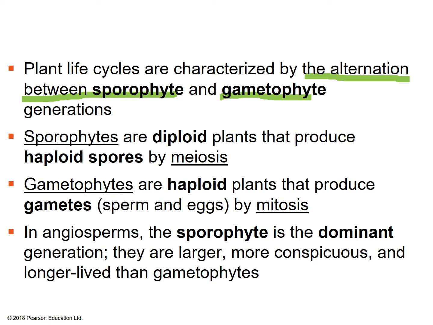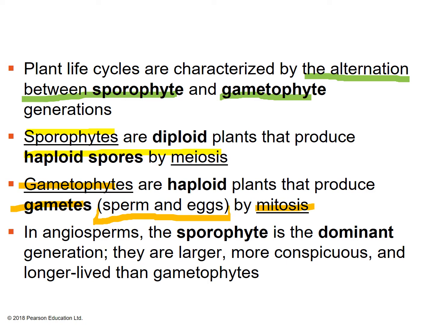Sporophytes produce haploid spores by meiosis, while gametophytes produce gametes by mitosis. Gametes are sperm, the male gamete, and egg, as you know, the female gamete.